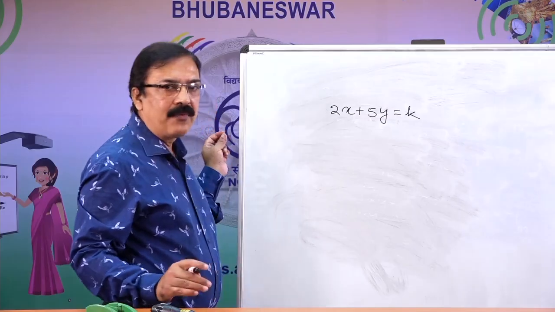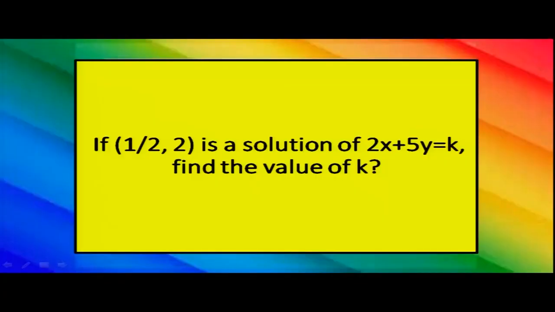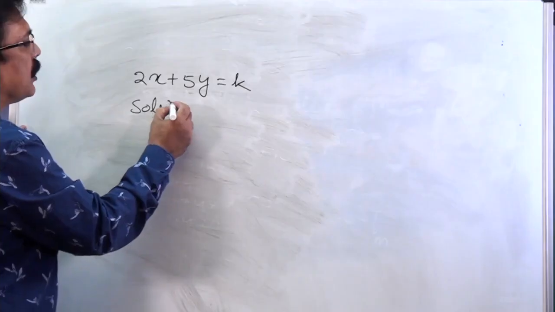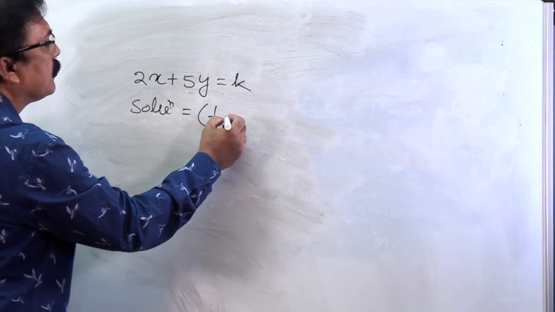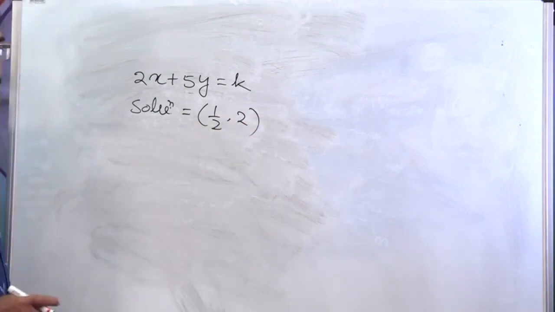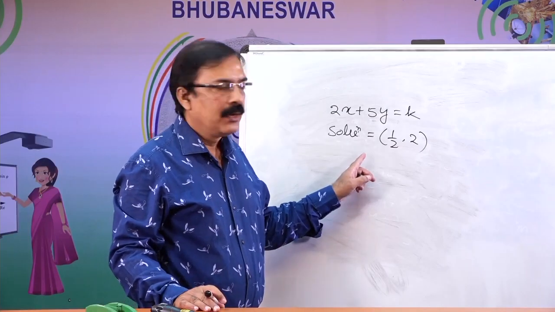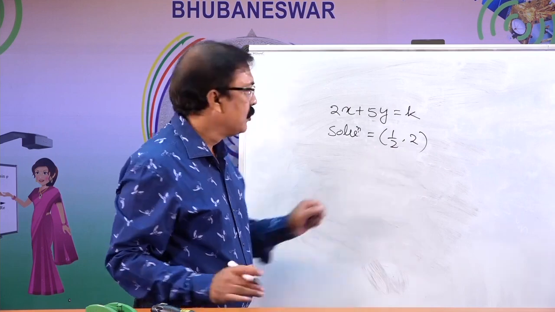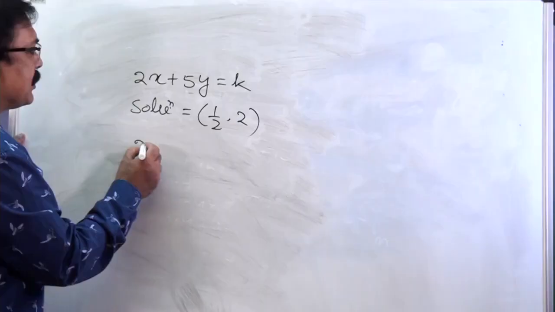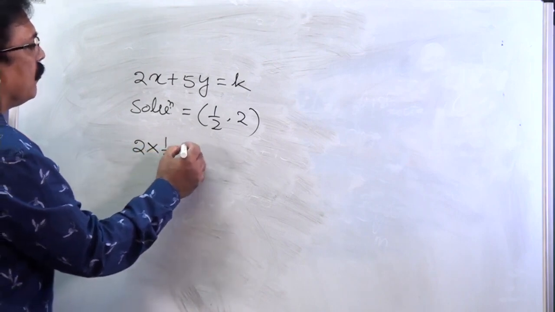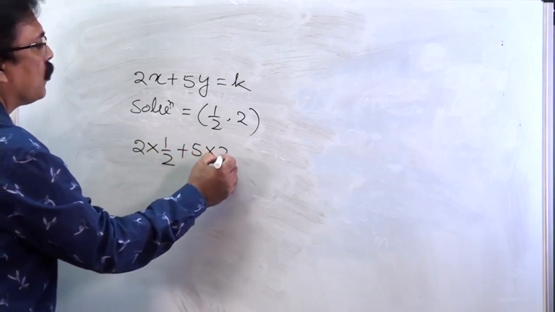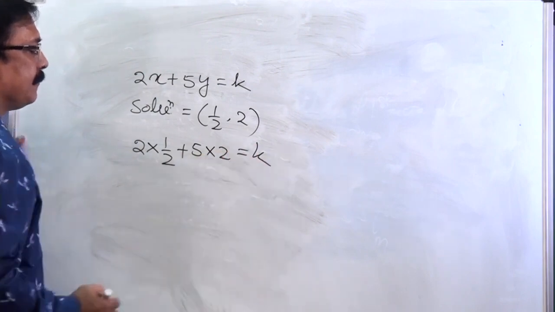We have to find the value of k, where the solution is 1 by 2 and 2. That means the value of x is 1 by 2 and the value of y is 2. Put these values in this equation: 2 into 1 by 2 plus 5 into 2, that is k.